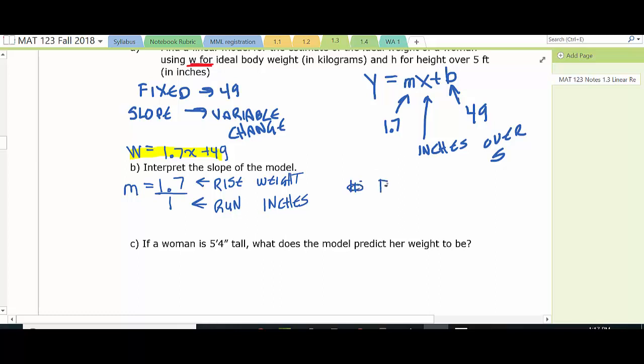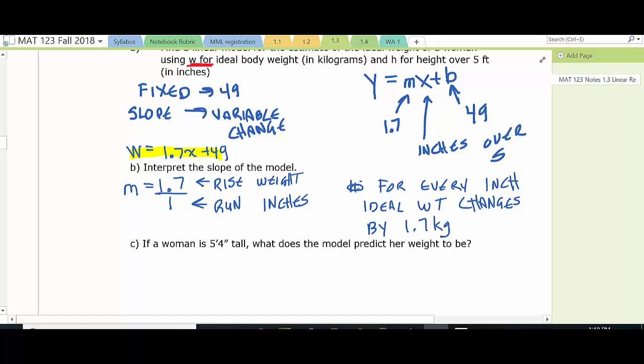Just write down, for every inch, the ideal weight changes by 1.7 kilograms. Okay?